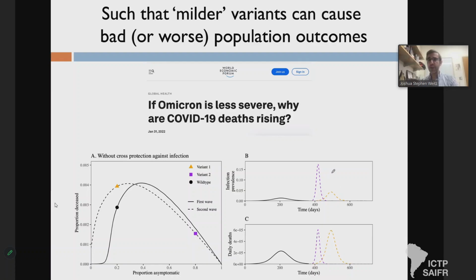So you get these huge peaks in prevalence and a larger, although narrower, peak in daily deaths, even if at the end of the day that other wave has a wider fatality rate and leads to more fatalities. You can get transient waves of intense fatalities in a milder variant. This was one of the things we were trying to explain in terms of the dangers of asymptomatic transmission in this model.